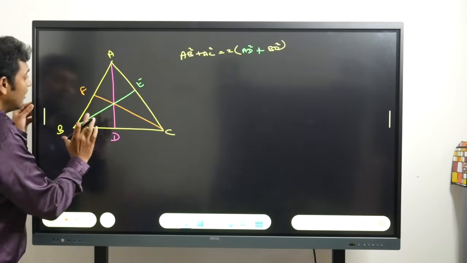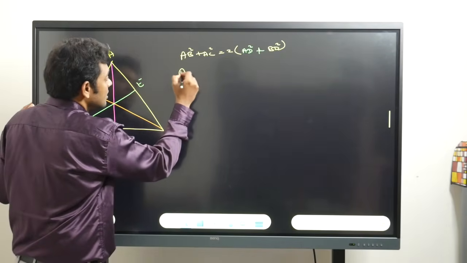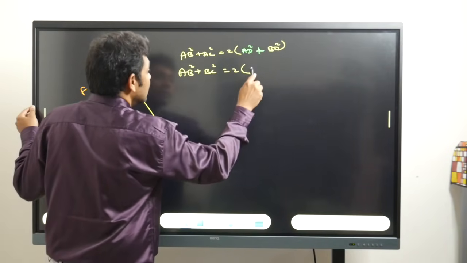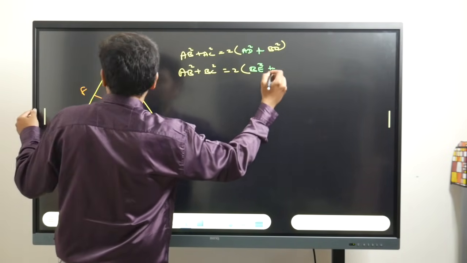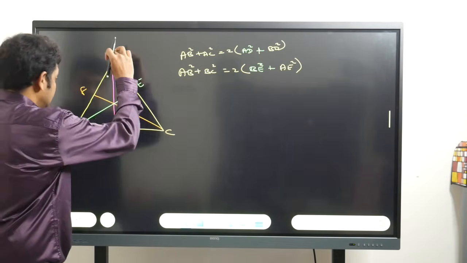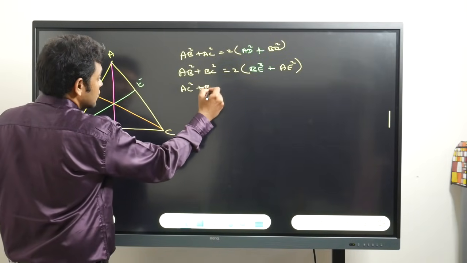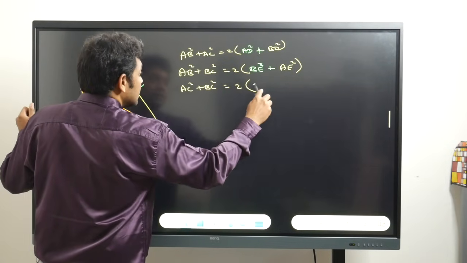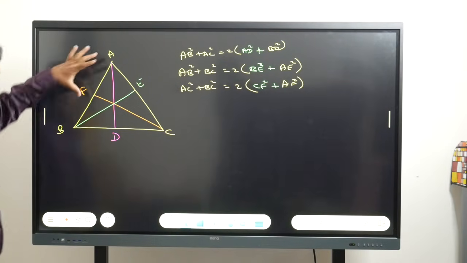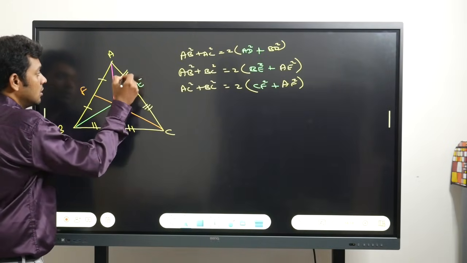For median BE, AB square plus BC square equals twice BE square plus AE square. For the third median CF, AC square plus BC square equals twice CF square plus AF square, because these two sides are equal, these two are equal, and these two are equal.